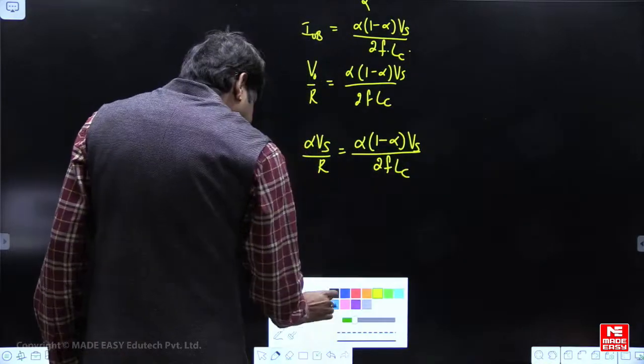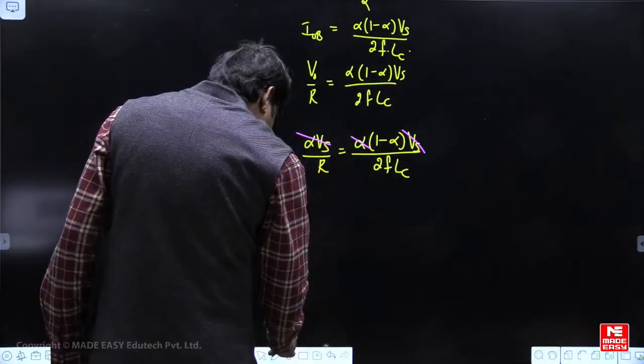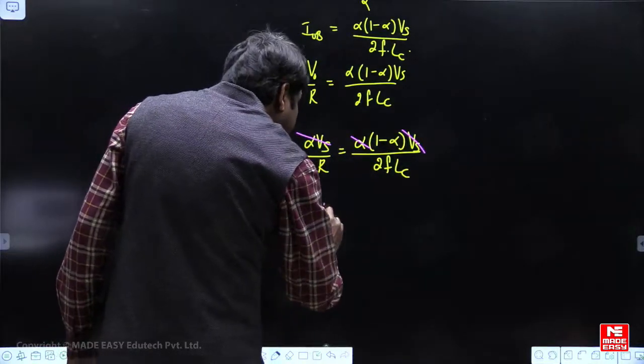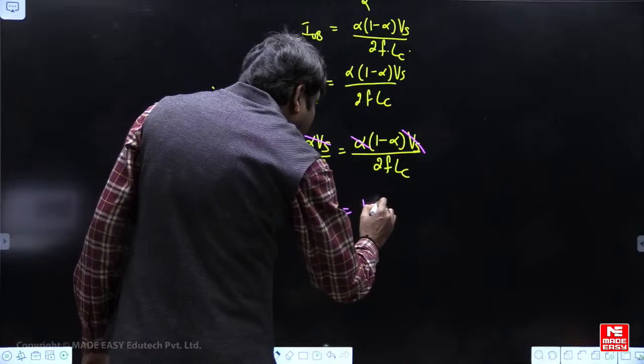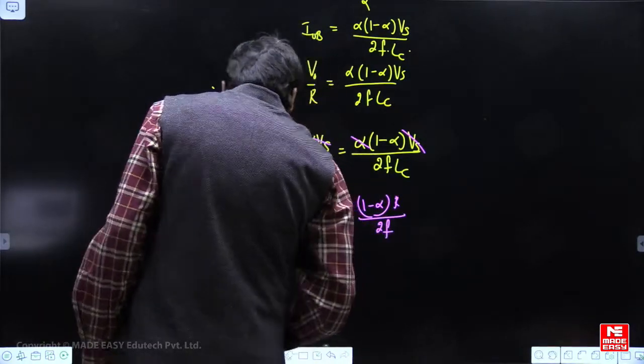Both sides alpha and Vs will cancel, and from this we can write Lc is equal to 1 minus alpha into R divided by 2 into F.